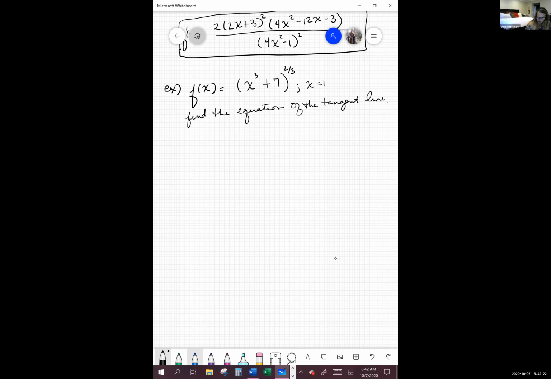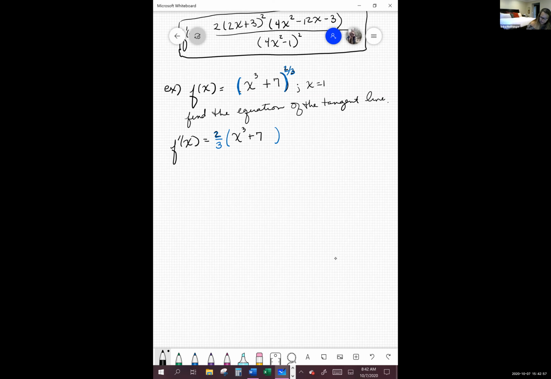We're going to use our general power rule. So our outer function is the parentheses all raised to the 2/3 power. So f prime of x, bring our power down front. So I'm bringing my 2/3 down front. Of the inside, nothing changes with the inside, x cubed plus 7.